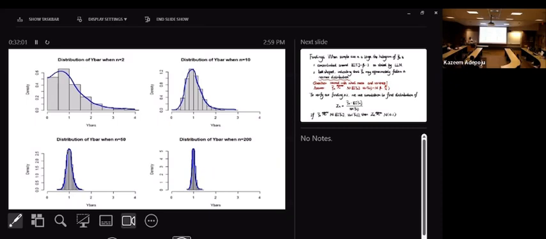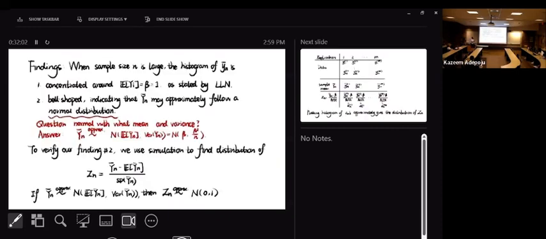Now, take a look at this. When sample size n is large, the histogram of y bar is concentrated around what? The true value of the mean. The true value of the mean is what you got from the distribution.